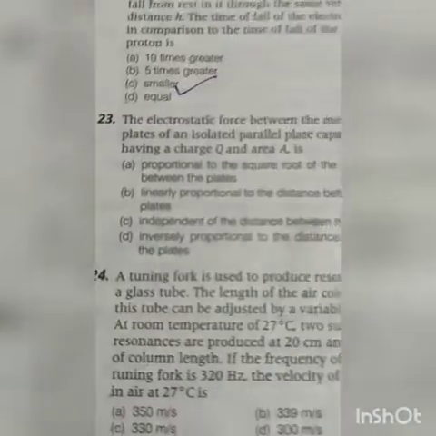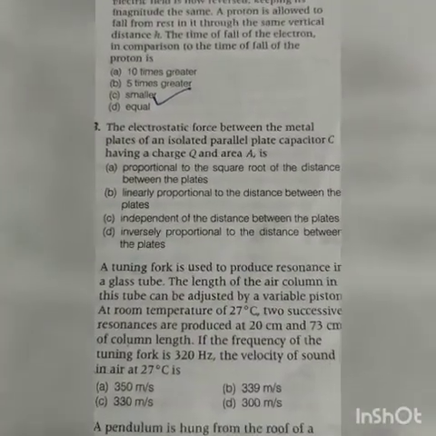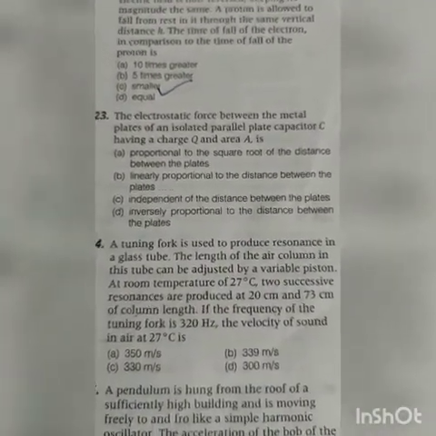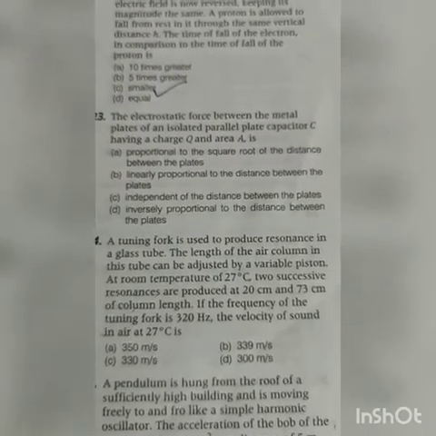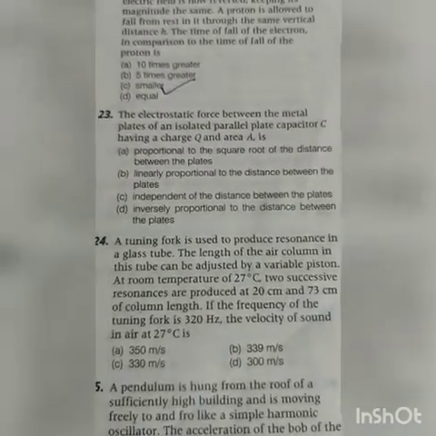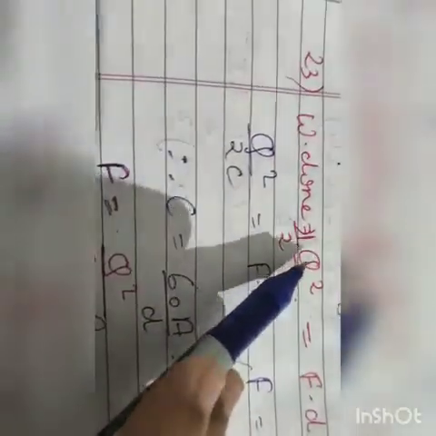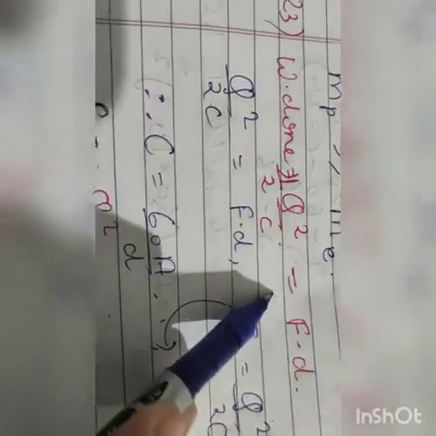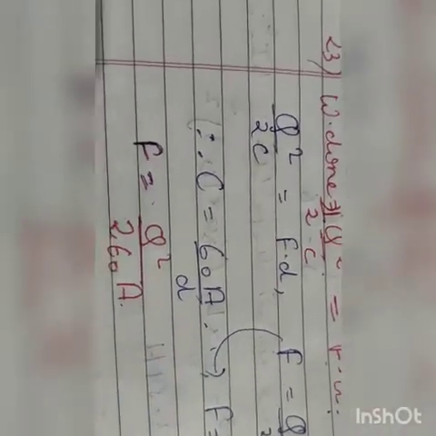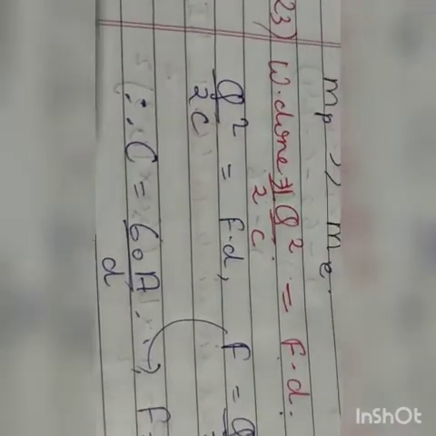Now question number 23. The electrostatic force between the metal plates of an isolated parallel plate capacitor C having a charge Q and the area A is... So here, as you know, the work done is equal to half Q square by C. It is also force into displacement, the force between the two plates of the capacitor and the distance between them.